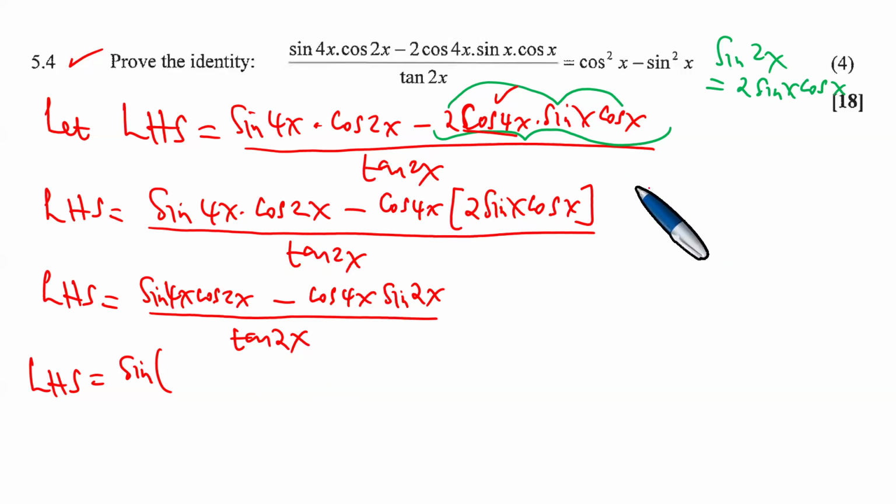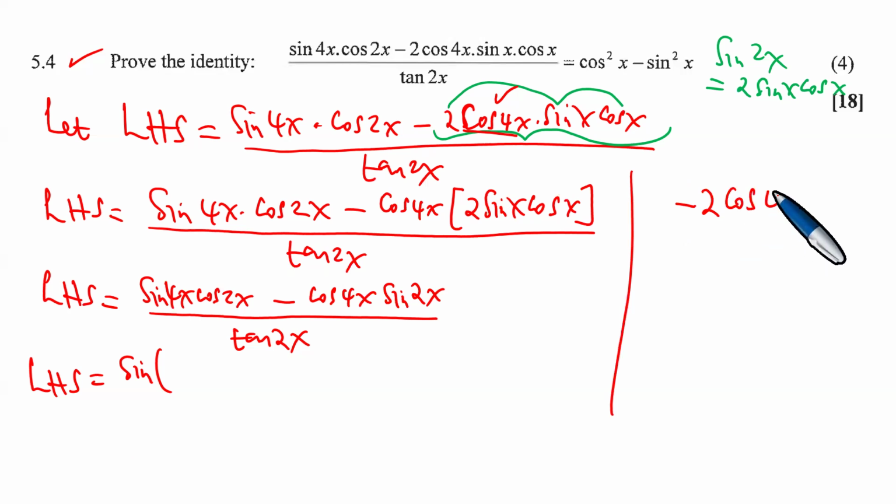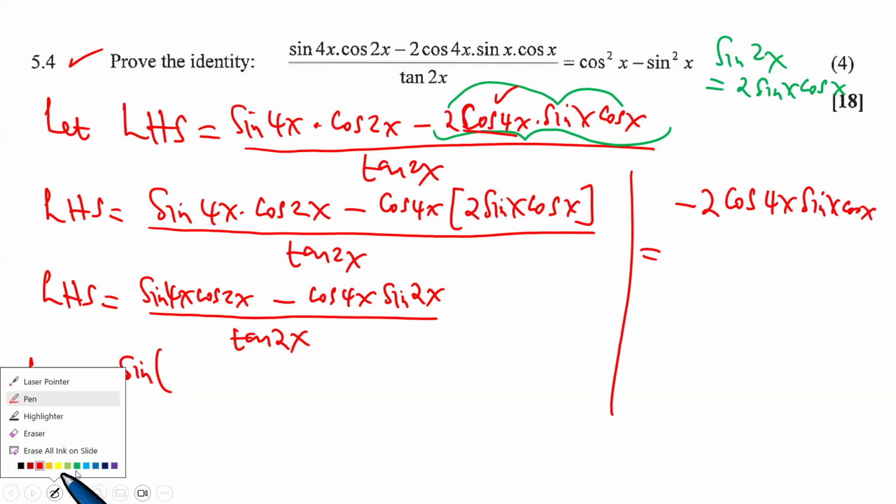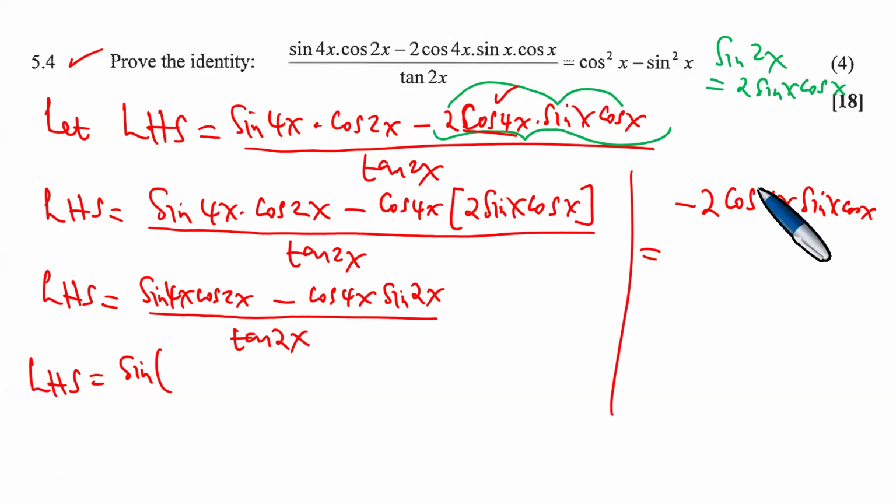Okay, because we were having what? Let's read it together. We're having minus 2 cosine 4x sine x cosine x. So we can take out this one with the negative: minus cosine 4x, which is 2 sine x cosine x.